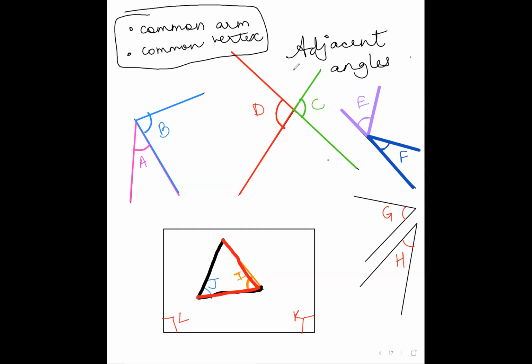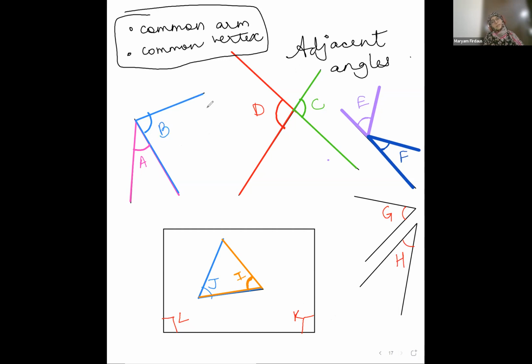No. Common vertex means that this thing should be common, the point where the angle is being made. And similarly, L and K also won't be adjacent.